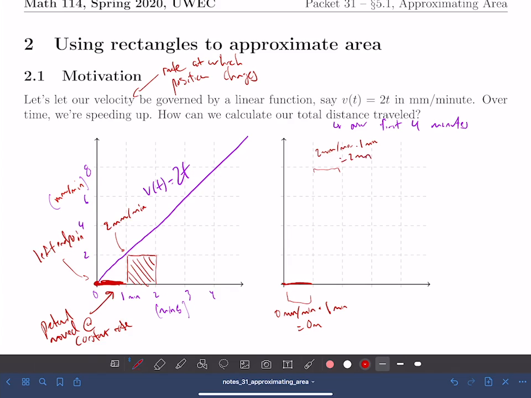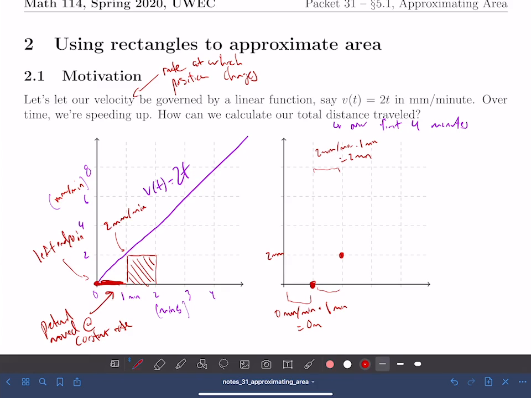So I moved 2 millimeters during that interval, and at the end of the second minute, I have 2 millimeters. That's how far I've moved. I'm going to erase that line and simply say that's what I believe my position is at the end of that time.